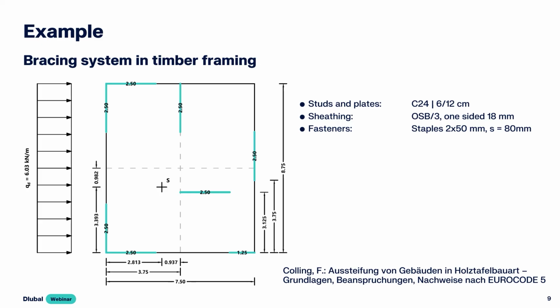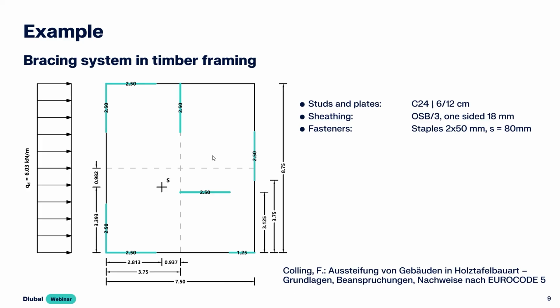Okay, then let's come to today's example. This example is a result of a book from François Colling. It's a German book. I'm sure there will be some literature also in English, but I'm not so familiar with it. Of course, I'm German and I'm familiar with the German literature.